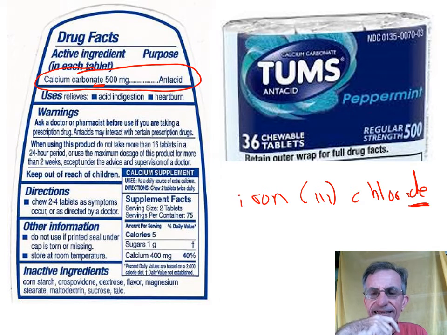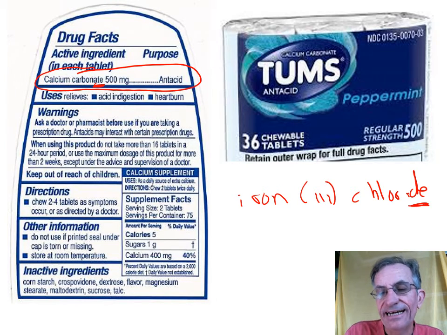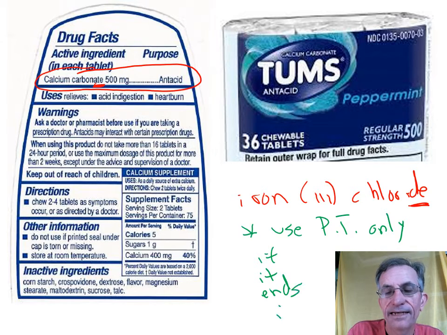I've never seen an "ate" before. Oh, there's something I haven't told you yet. If you see an "ide," like the examples we've done so far, you have only been referring to the periodic table. Use the periodic table only if it ends in "ide."